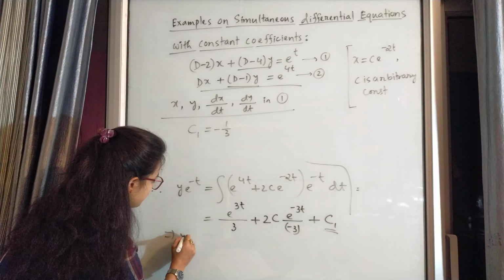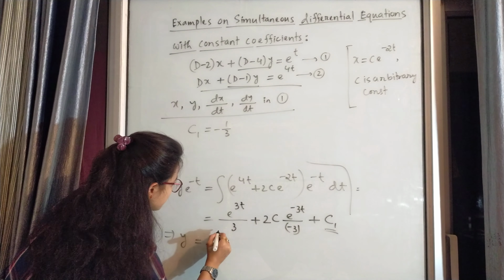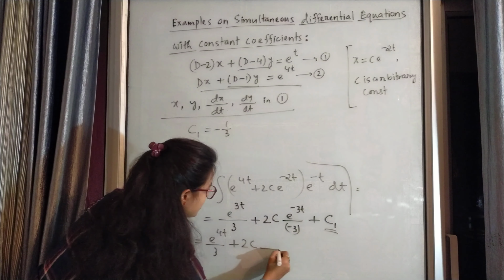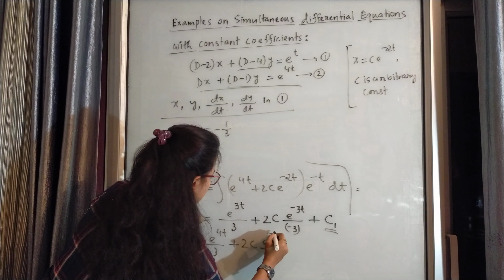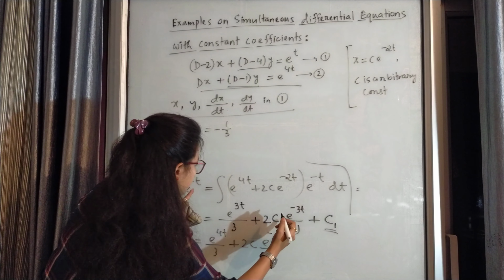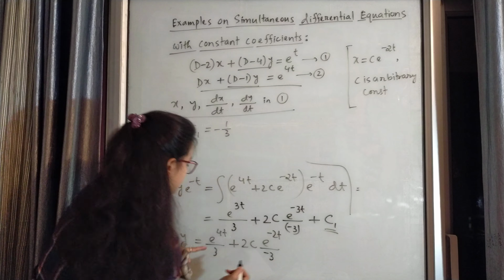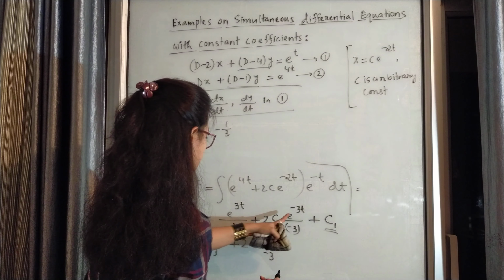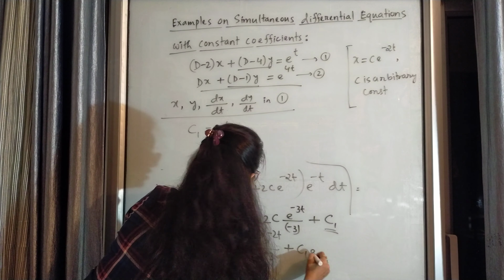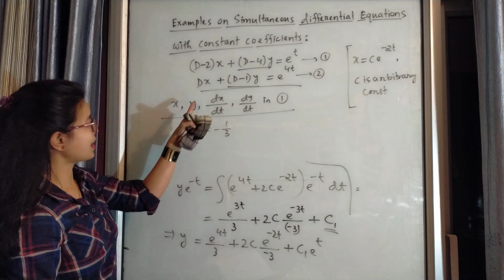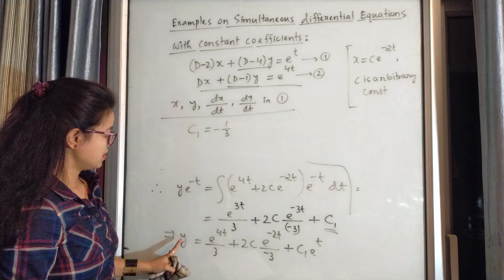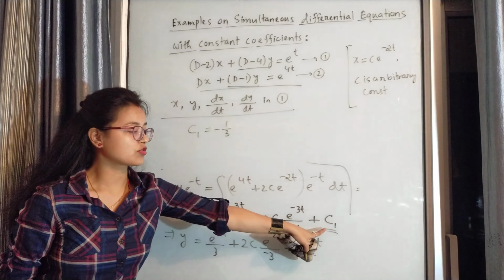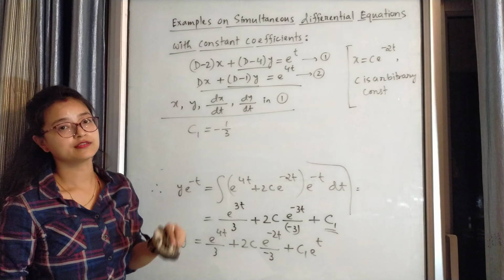So it will be e^(4t)/3 + 2c e^(-3t + t)/(-3) equal to c1 e^t. So actually before substituting, you transfer that, then simplify and get the arbitrary constant value easily.